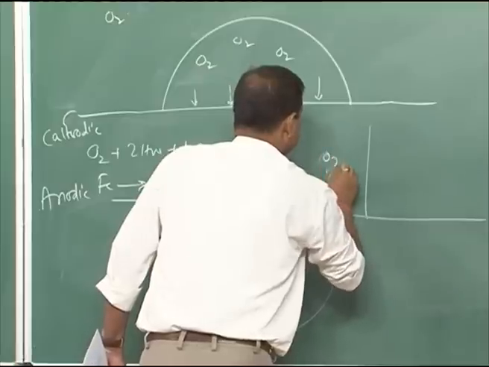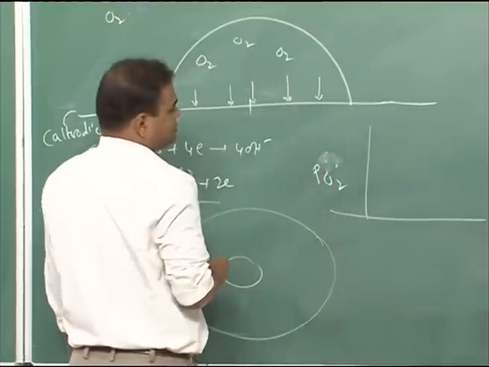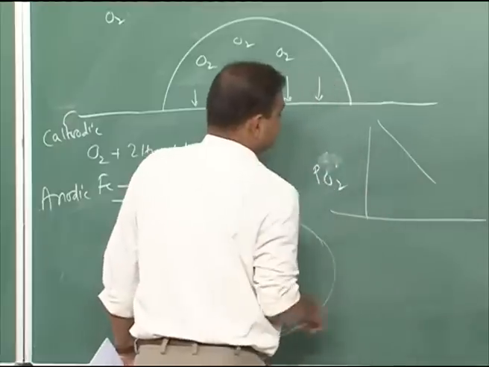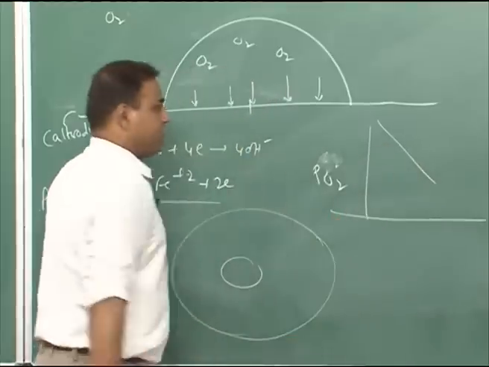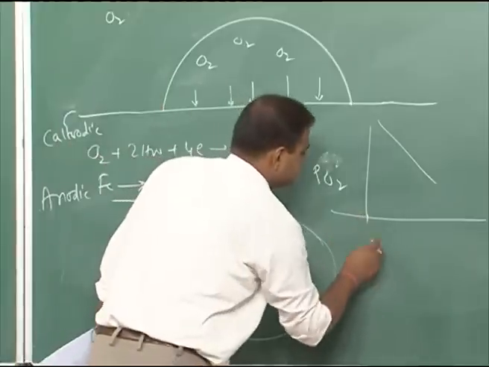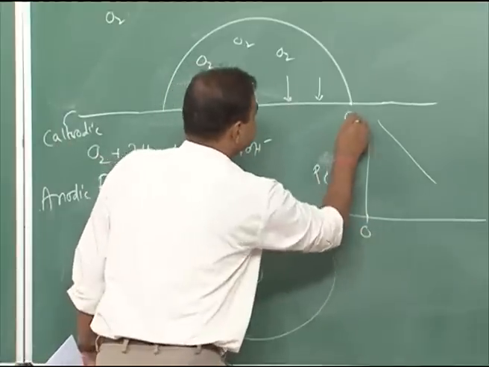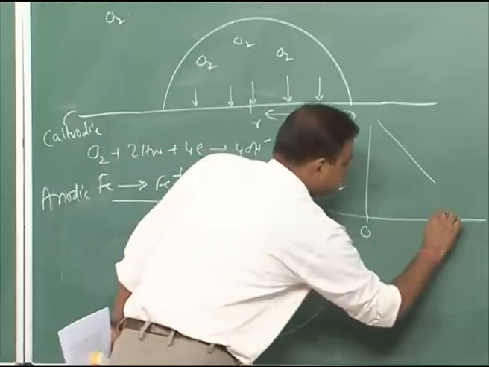So, the partial pressure of oxygen would be having a decreasing trend. Though I have drawn it like a straight line, it may not be a straight line, but it would be having a decreasing trend, and this is the 0 distance. Let us say this is my 0 distance and this is the R. So, this point is R.